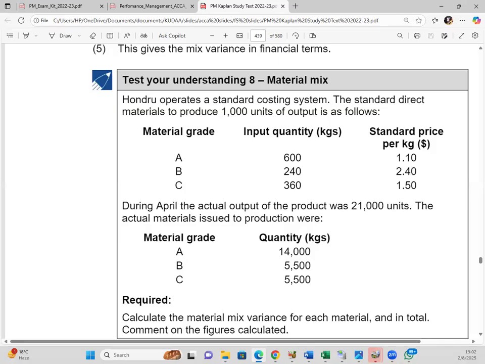Okay, I'm getting 12,600. Is it what you're also getting? 12,600.